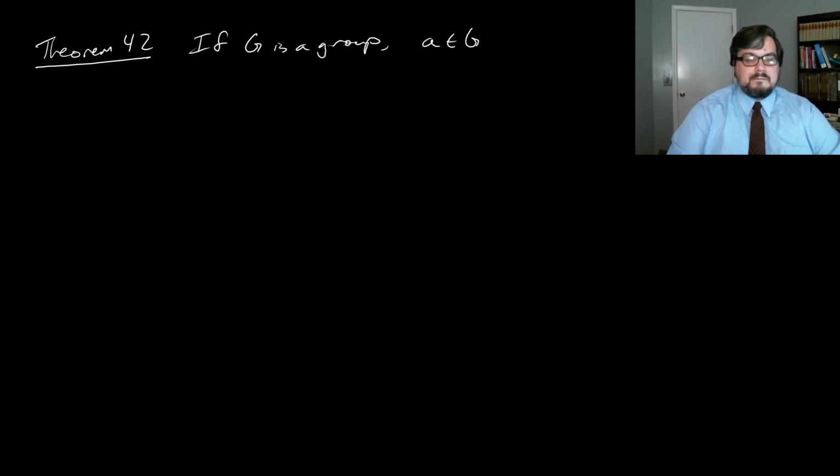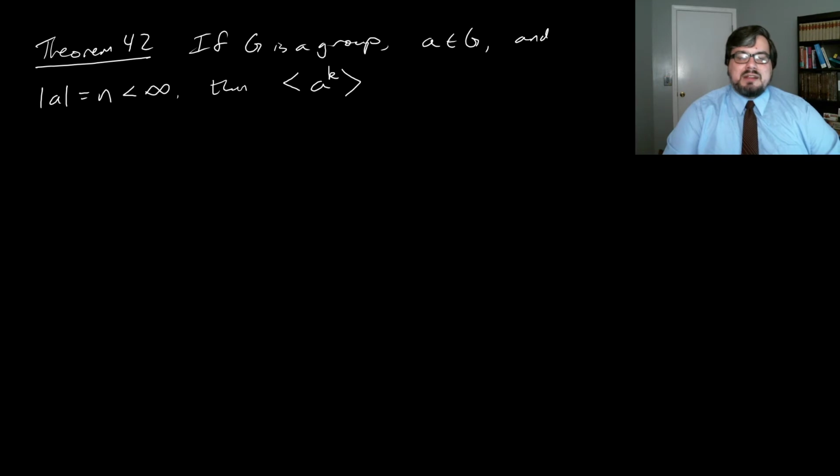This one is a little more technical. So if G is a group, a is in G, and the order of a is a finite number n, then if I look at the cyclic subgroup generated by a to the k, where k is some integer, that's going to be the same as the cyclic subgroup generated by a to the greatest common divisor of n and k.